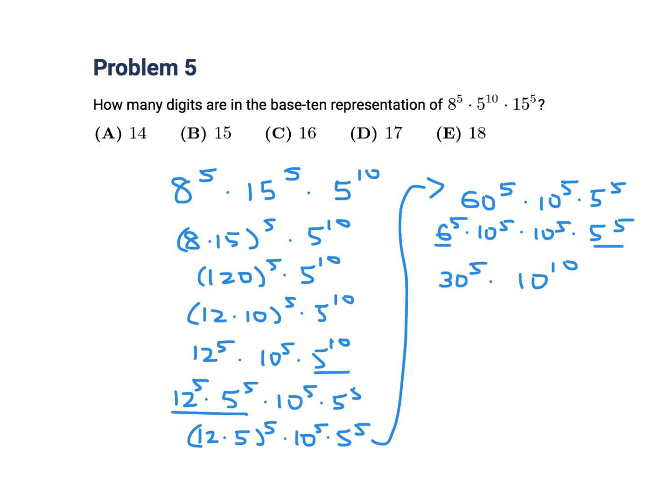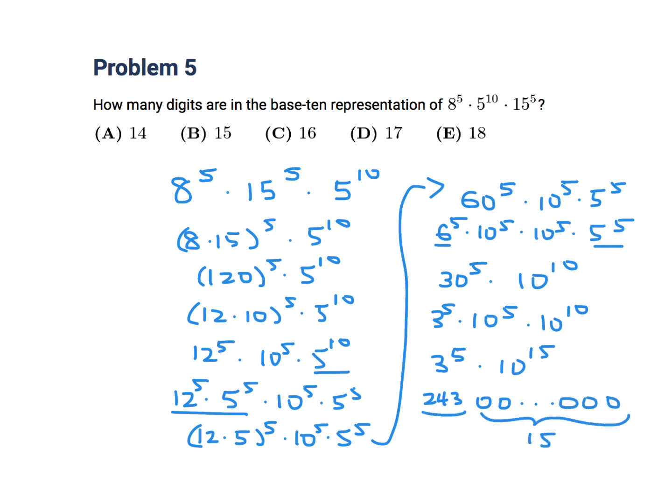And then we've got 3 to the 5 and then 10 to the 5. Yeah. And then 10 to the 10. Okay. So then we got 3 to the 5 times 10 to the 15. So 3 to the 5, I believe, is 243, and then 10 to the 15 would just be 15 zeros. So we got 3 numbers here, 15 digits there, so a total of 18.